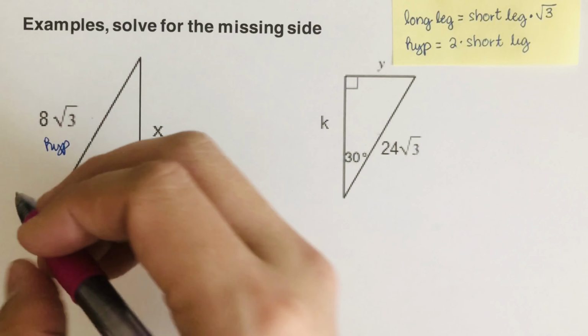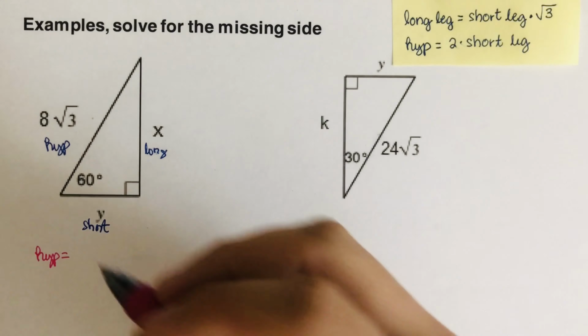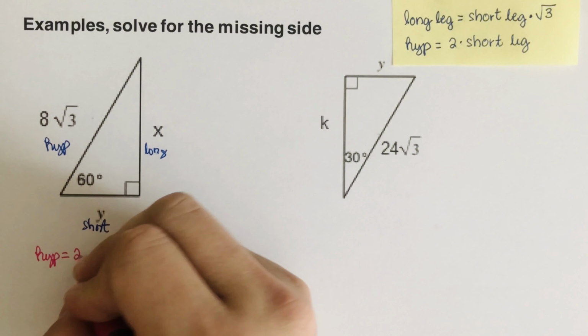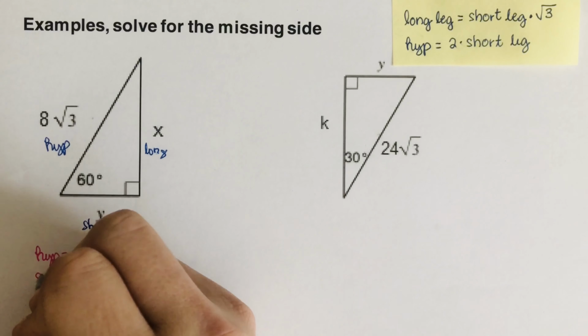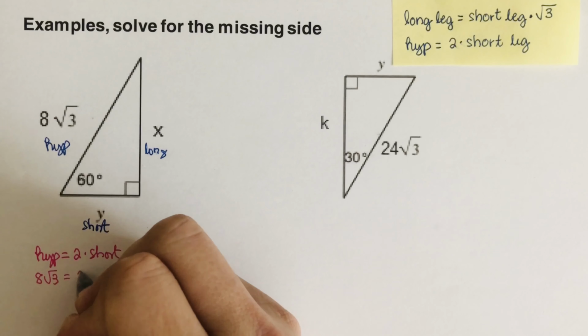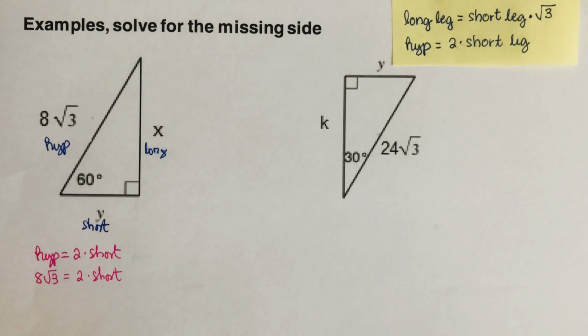So then hypotenuse is equal to 2 times the short. So we're given the hypotenuse, 8 square root of 3, is equal to 2 times the short. So from here, we are supposed to solve for the short.